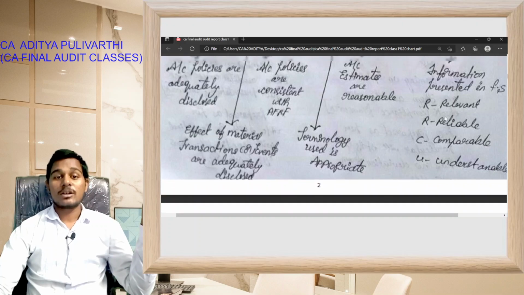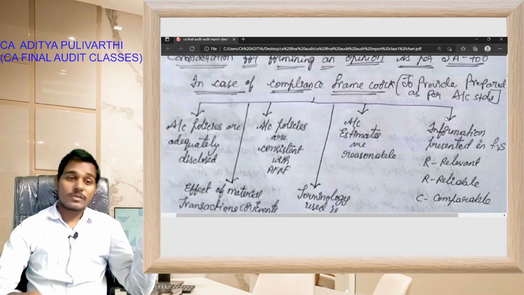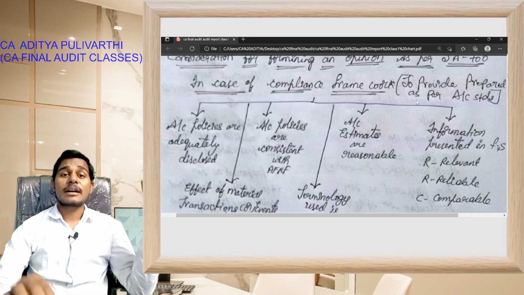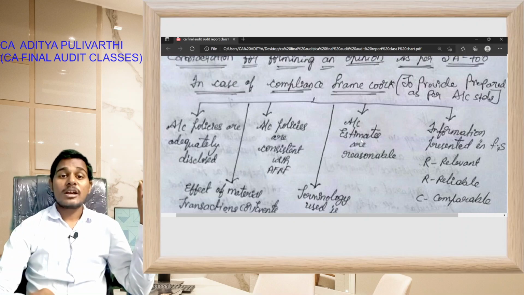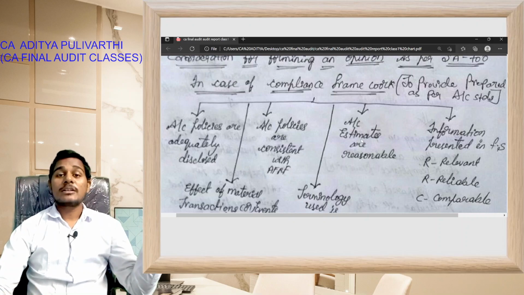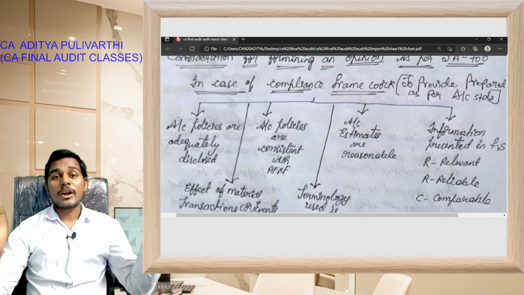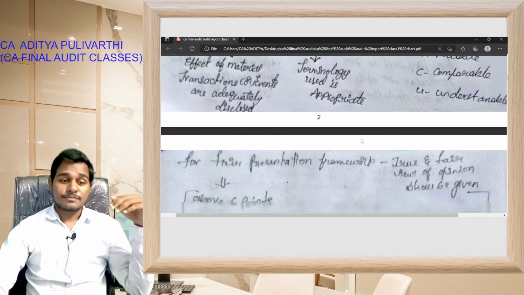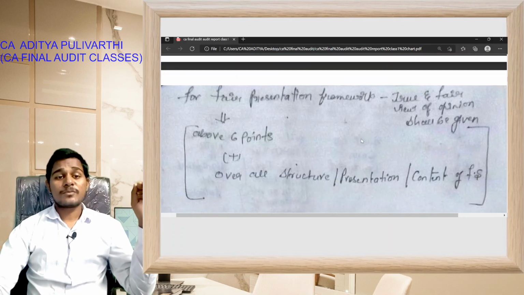After compliance with all these 6 points, we can say that the financial statements are prepared as per accounting standards, and the auditor will provide that the financial statements are prepared in accordance with accounting standards.